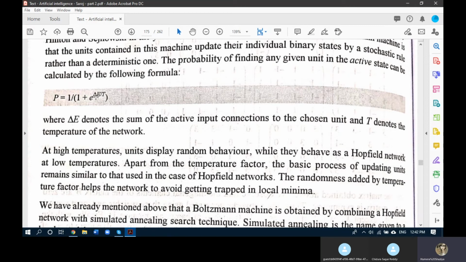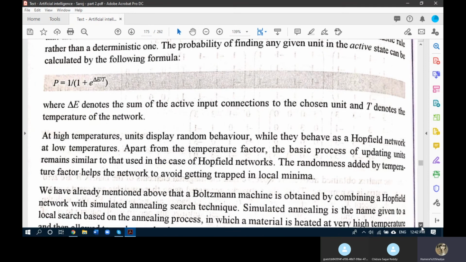If delta E is 2 and T is 10, 2 by 10 always gives the same. Whereas if T is not always 10, sometimes 2 by 5, 2 by 10, 2 by 15, 2 by 20, 2 by 1, in that case the p value may differ, may change. This technique is obtained from simulated annealing, this temperature value, because simulated annealing is about temperature.